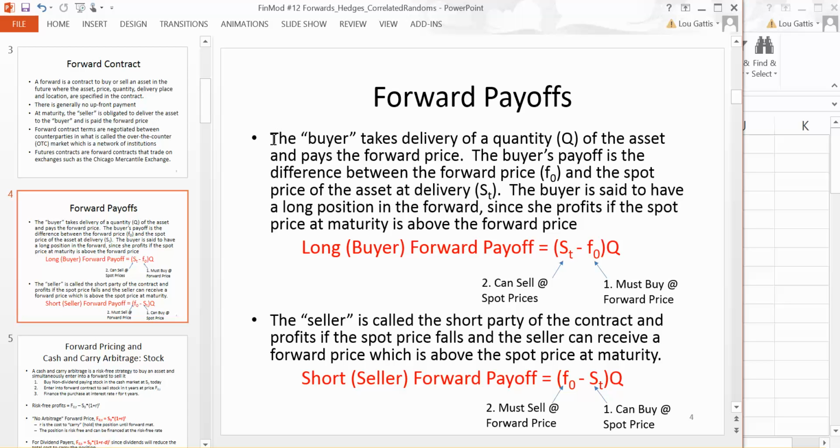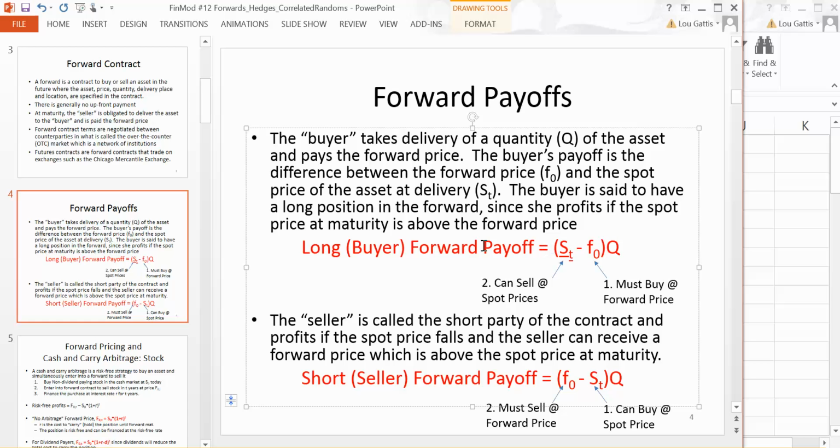When you enter into a contract, if you're the buyer or the long position in the forward contract, that means you agree to take delivery of some quantity, Q, of the asset and pay the forward price. At the maturity of the contract, when the delivery is supposed to happen, there will be a certain spot price of the underlying asset.